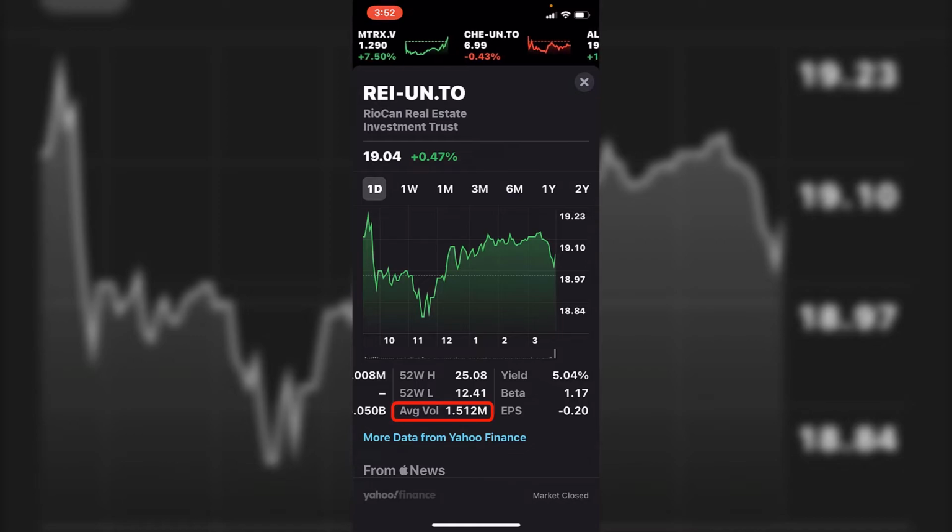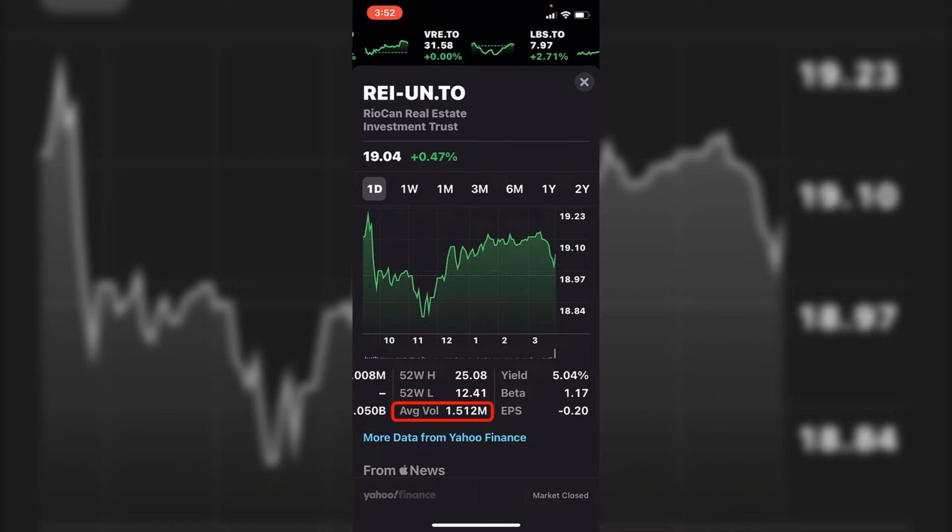Average volume, as I said, I think average volume, not sure though, is calculated on a, I don't know, daily basis, or maybe every 3 months, but that's what it is. You can also get more information if you want in Yahoo Finance, okay?